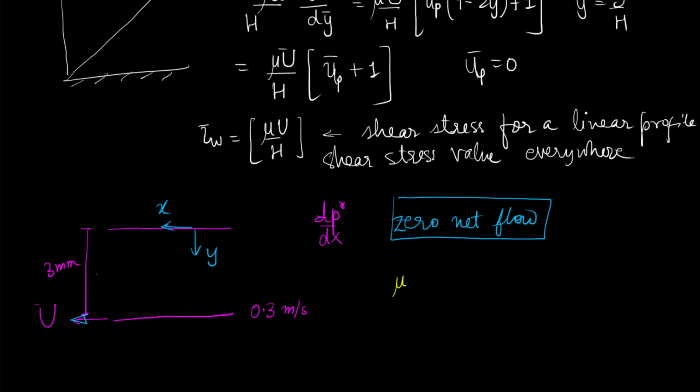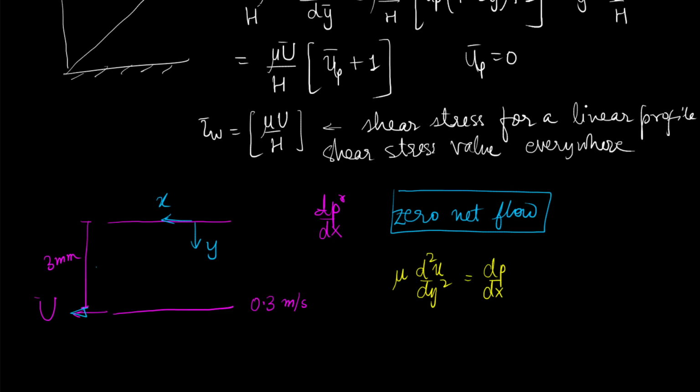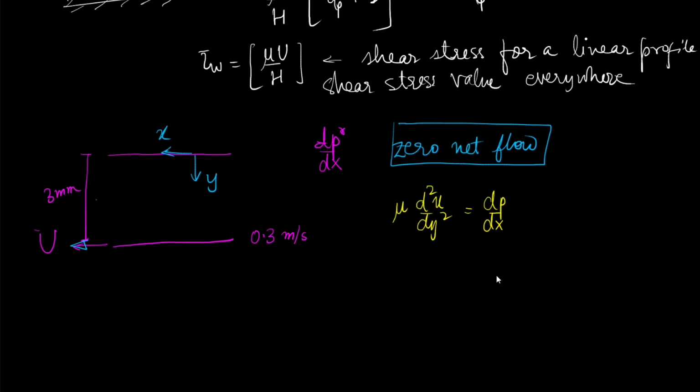We can write down mu d2u dy2 is equal to dp dx, but dp dx we know is going to be a constant. Upon solving this, I'm going to write down the boundary conditions.